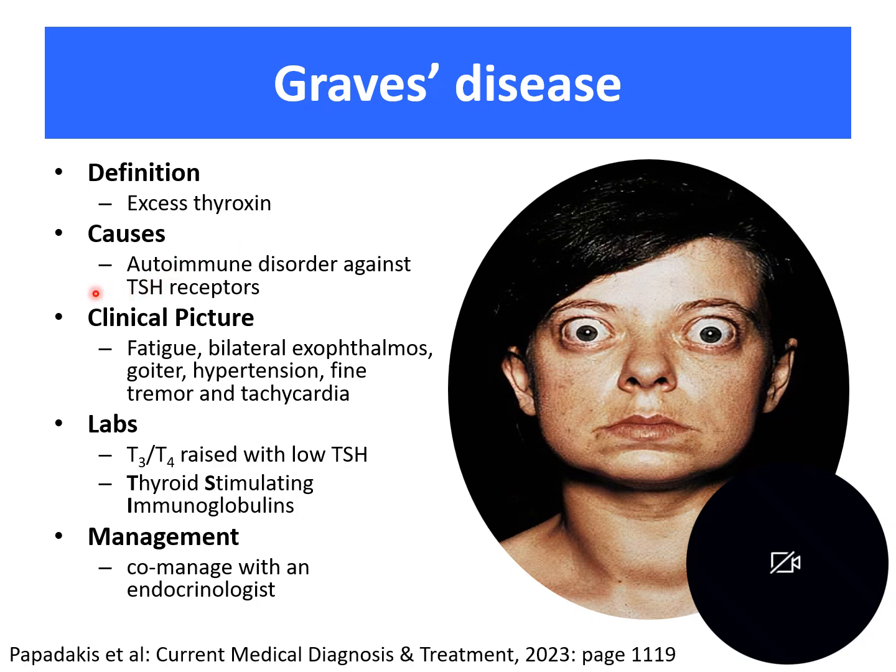Causes, once again, Graves' disease is an autoimmune disorder, and like Hashimoto's thyroiditis, is a type 2 hypersensitivity reaction. So the body produces antibodies against the TSH receptors found in the thyroid gland.